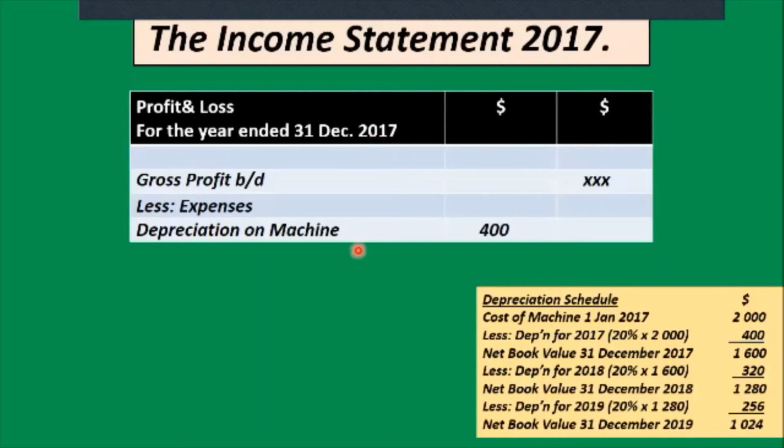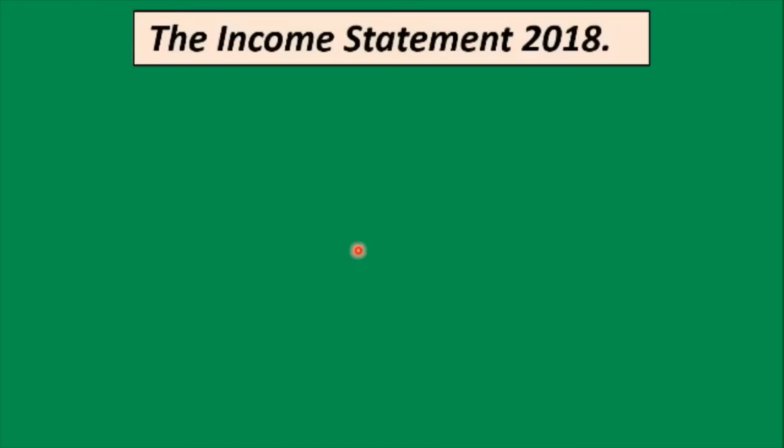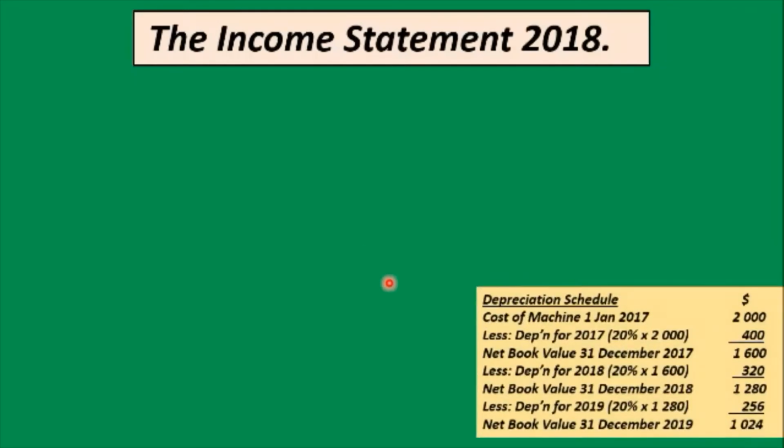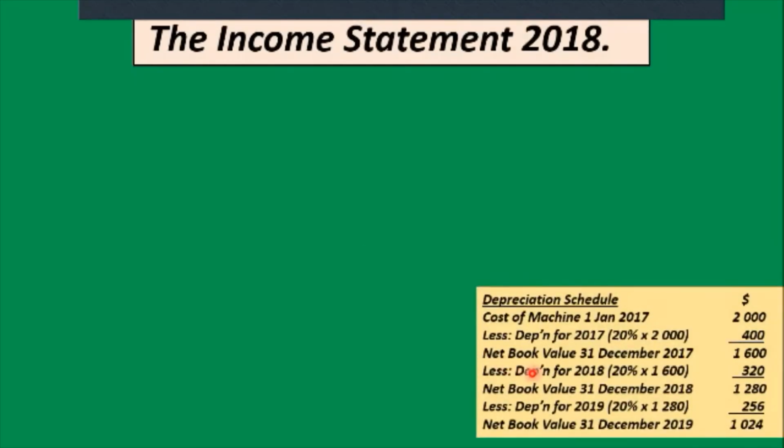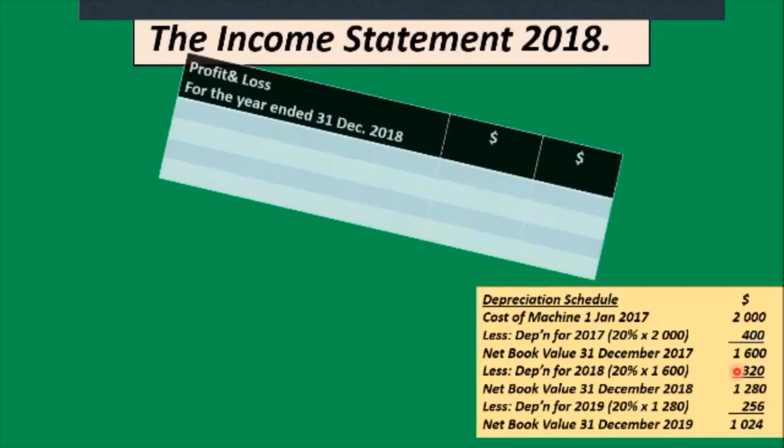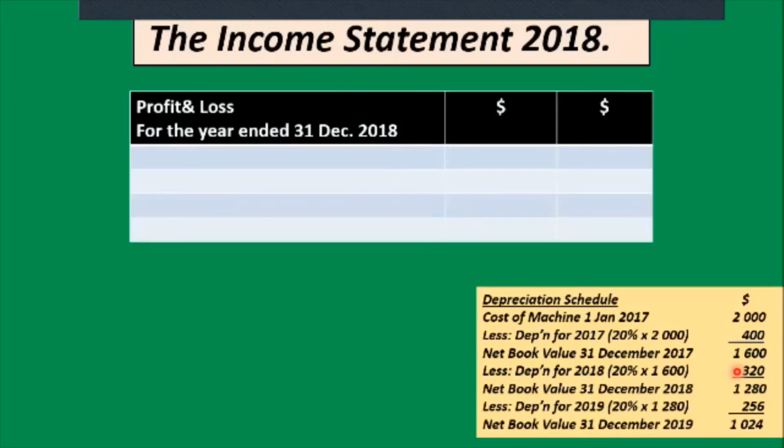All right, let's take a look at 2018. You have the income statement for 2018. Again, we bring up the schedule here so we can get the balance here. It's 320 to record in our income statement. And we have the profit and loss account for the year ended.